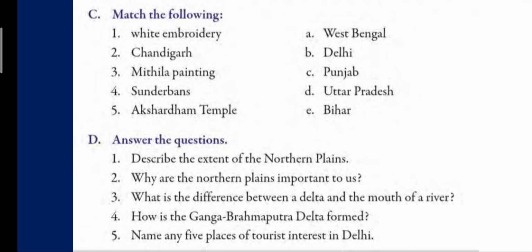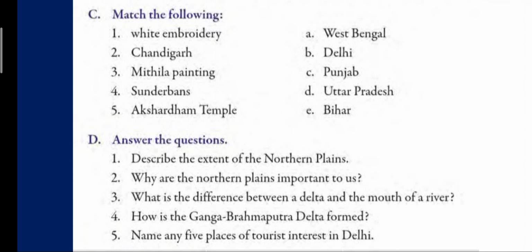Now question number 3 is, what is the difference between the delta and the mouth of a river? So here children, you will make two columns. On the left hand side you will write delta, on the right hand side you will write mouth of the river. On the delta side you will write that the silt deposited by the river forms a triangular shape.